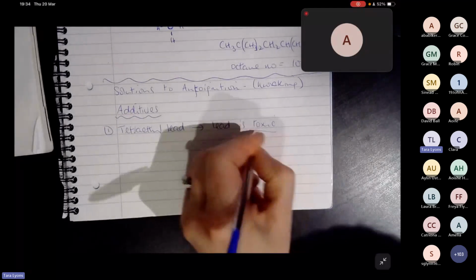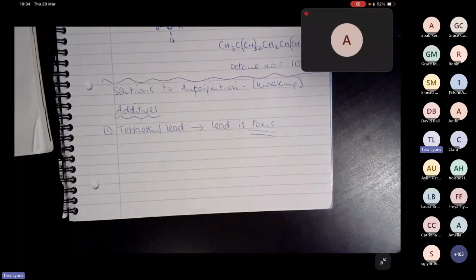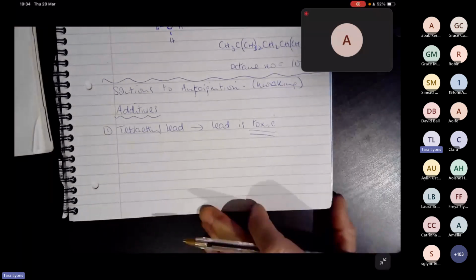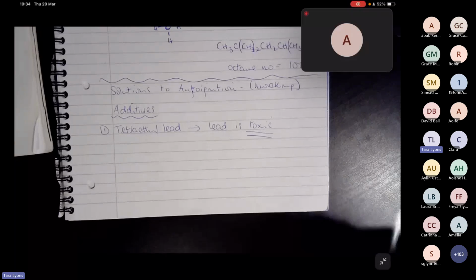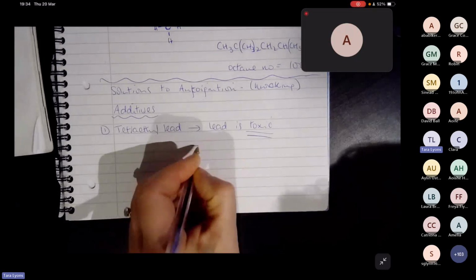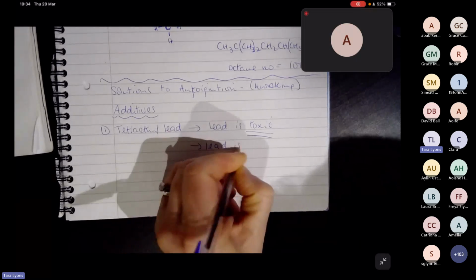We want to show them lead is toxic, right? It is a really toxic heavy metal. We definitely do not want to have it spewing out in the emissions from our exhaust fumes into the air for us to breathe and for us to come in contact with. Also, the second reason is lead is a catalyst poison.